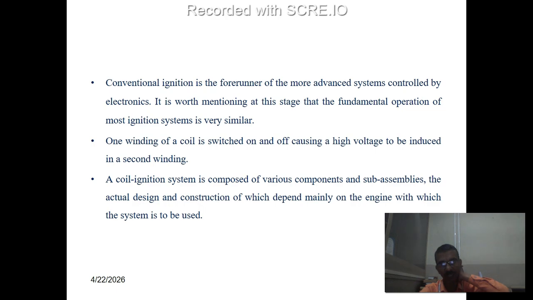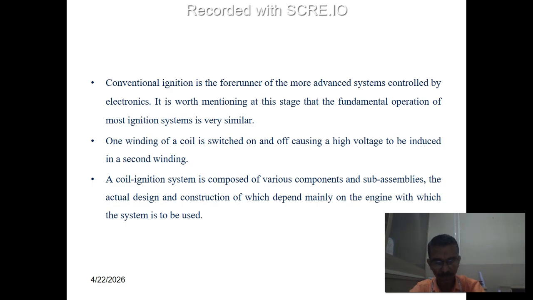It is worth mentioning at this stage that the fundamental operation of most ignition systems is very similar, even in the most advanced systems controlled by electronics.